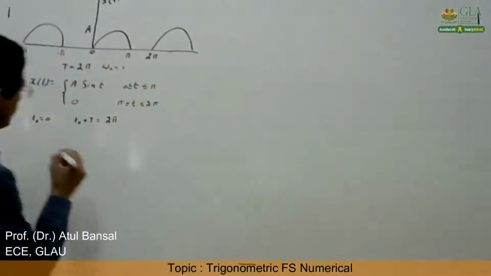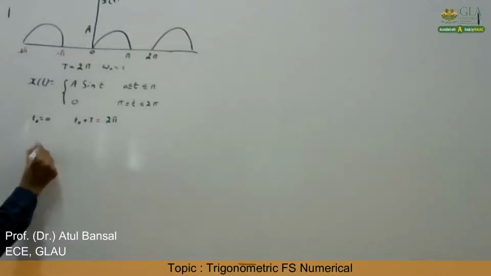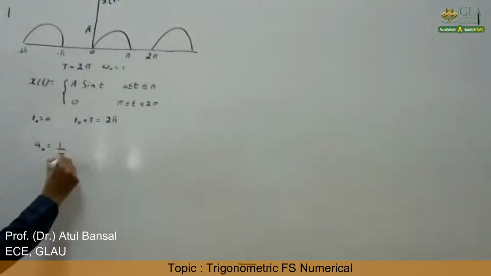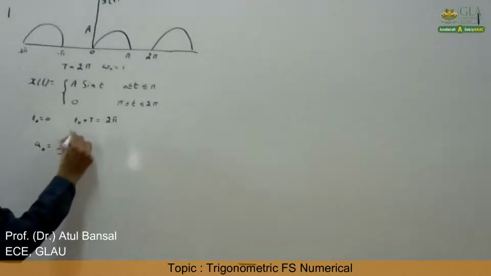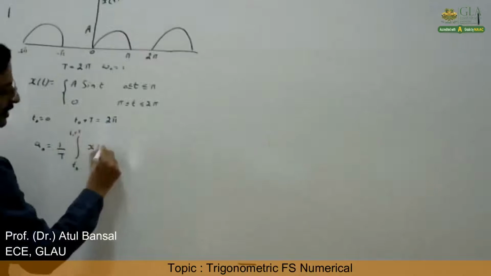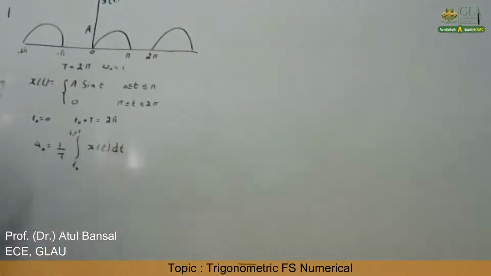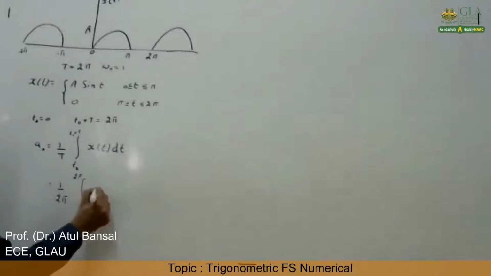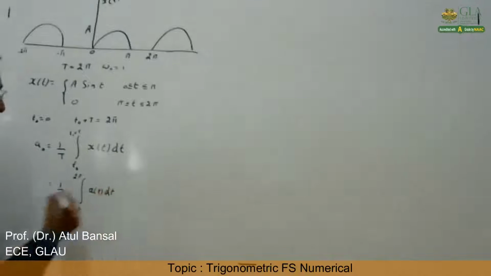So if we take first a0, it is given as 1 by T, integral from t0 to t0 plus T of x(t) dt. That becomes 1 by 2 pi, integral from 0 to 2 pi of x(t) dt.